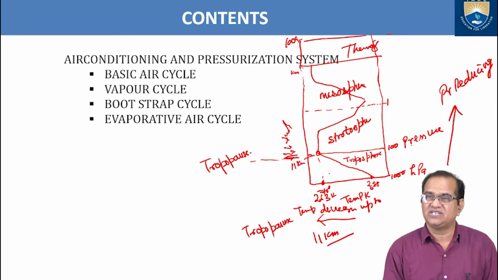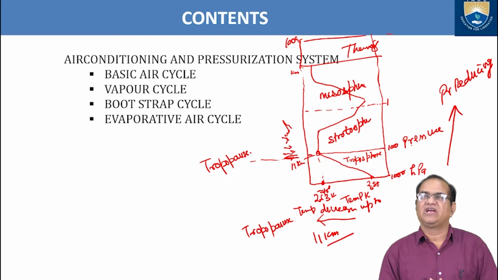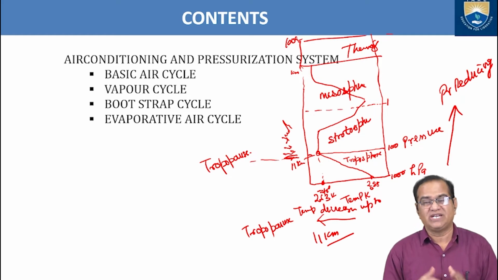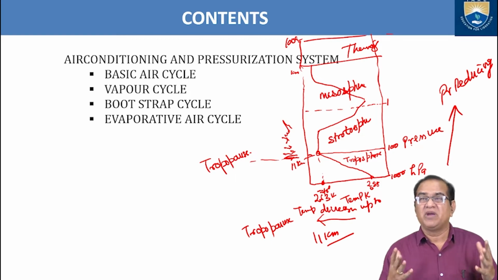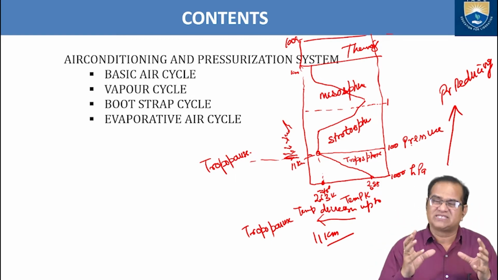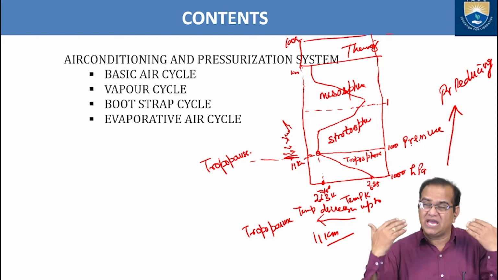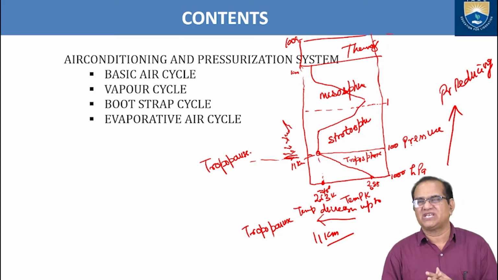So we as engineers and pilots should understand what is going to happen. That is the objective of understanding air conditioning and pressurization, because our ears and eyes are balanced by a certain amount of pressure, and if the pressure goes above or below that, we will feel very uncomfortable.